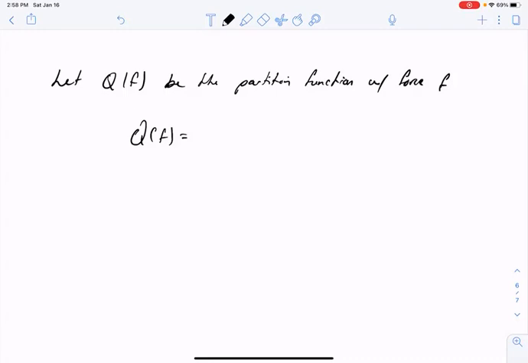Unless otherwise noted, it is meant to be just the integral over the spatial degrees of freedom weighted by its spatial potential. In this case, x squared over 2 alpha plus beta fx. And let's imagine that the domain of that integral is plus or minus infinity.